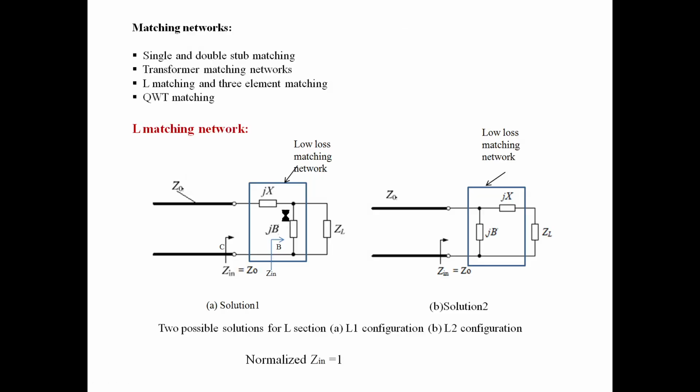So what is our intention? Between these two terminals, the impedance must become equal to Z0, or normalized impedance equal to 1. That is our intention. After adding these two components with this, what we want between these two should be Z0, or normalized impedance should be 1.